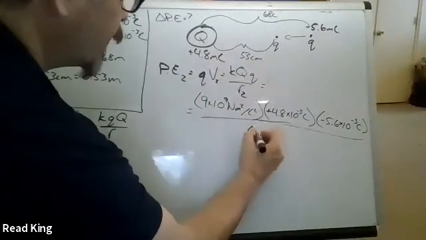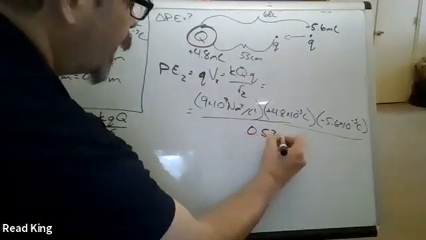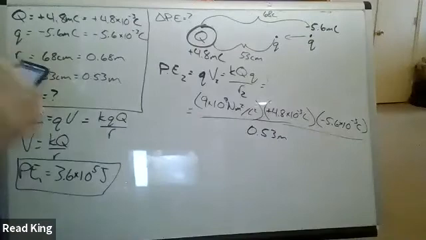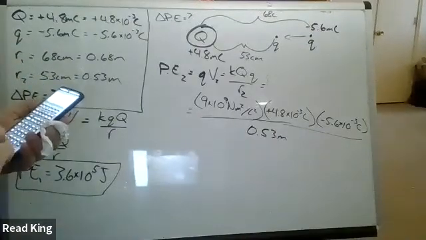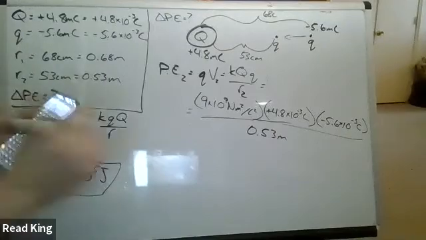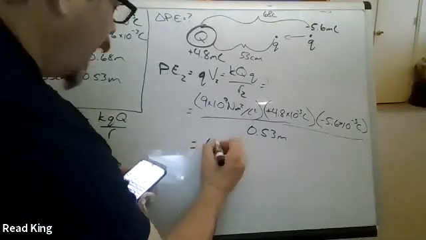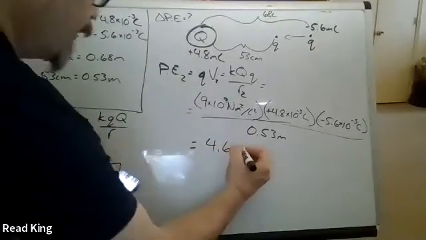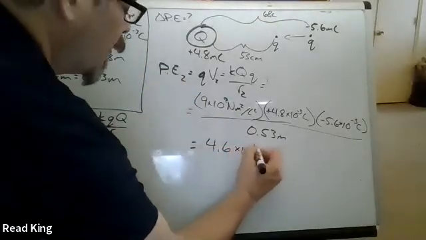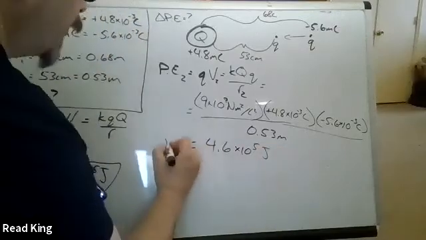R2 is 53, so that's 0.53 meters this time. 5.3 divide, and I believe that will come out as 4.56, rounding up to 4.6 times 10 to the 5th joules for PE2.